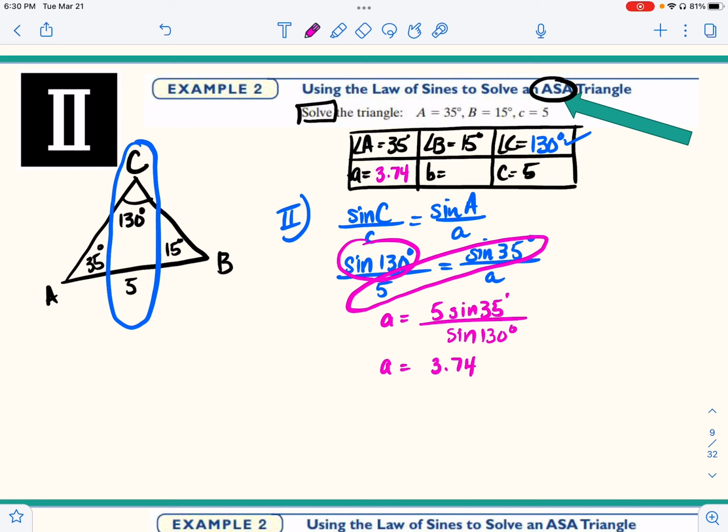And the third part is going to be trying to find B. I'm going to still start with the known angle and side. Sine C over side C must equal sine of B over side B. This will turn out to be 5 times sine of 15 divided by sine of 130.